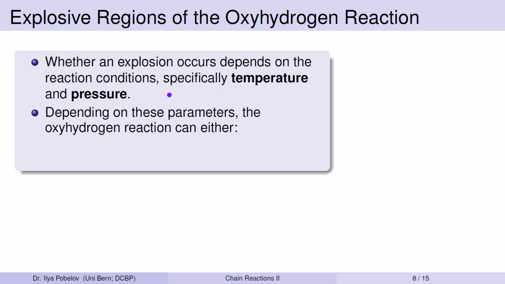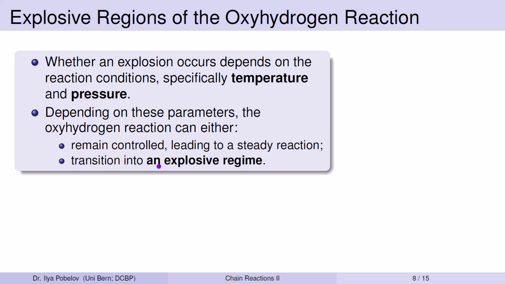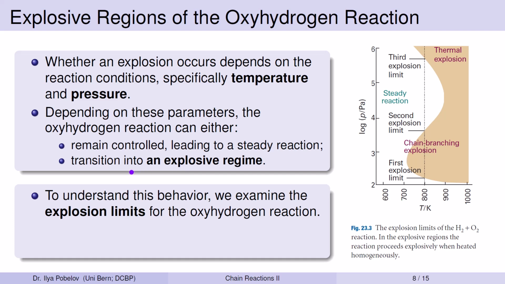Depending on these parameters, the oxyhydrogen reaction can either remain controlled, leading to a steady reaction, or transition into an explosive regime. To understand this behavior, we examine the explosion limits for the oxyhydrogen reaction, as shown in this figure.